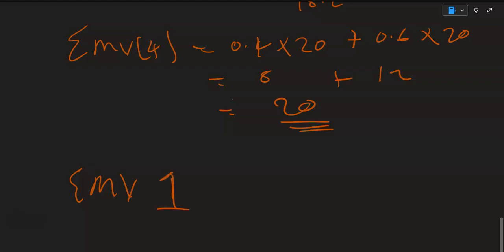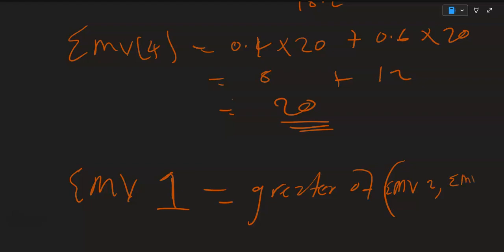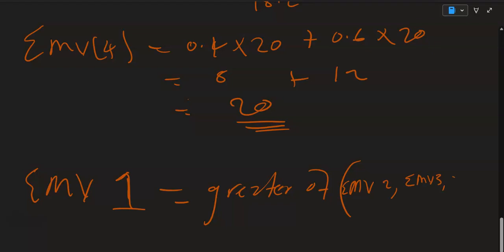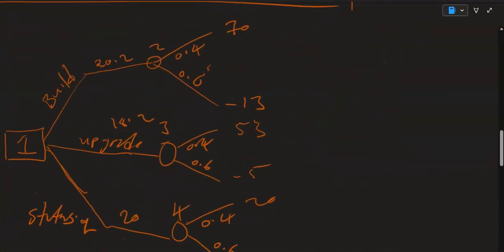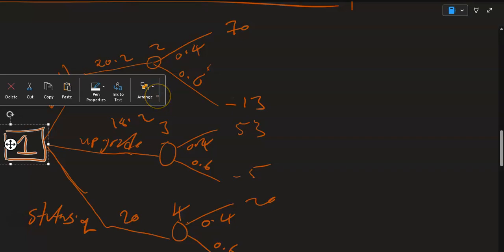EMV1 is equal to greater of EMV2, comma, EMV3, comma, EMV4, bracket. So the greater of these three. So let us look: we have 20.2, we have 18.2, and 20.